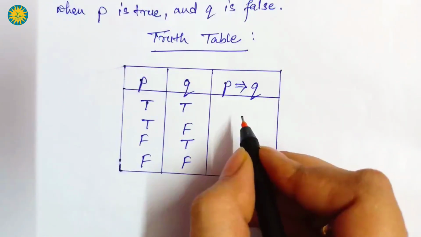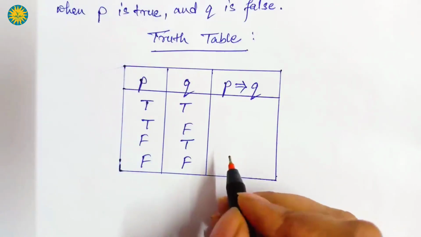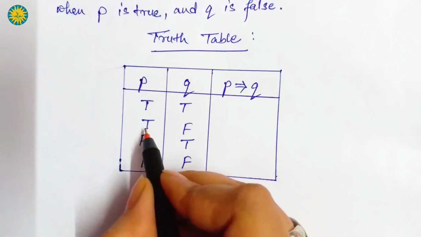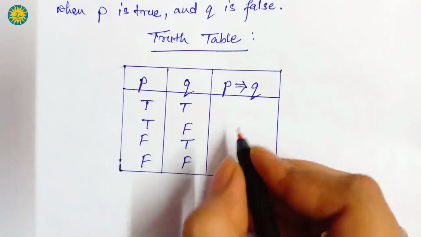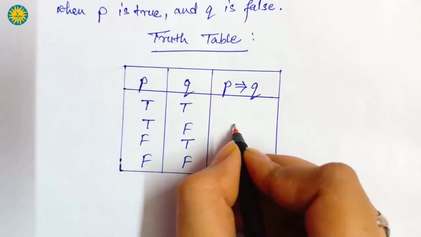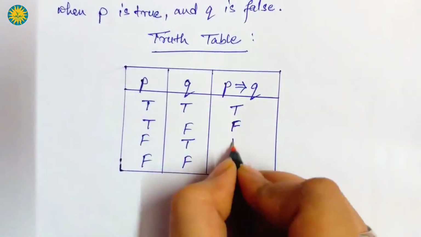We know that P implies Q is always true except in the case when P is true and Q is false. So when P is true and Q is false, that means the second case. For the second case, P implies Q will be false, and for the rest of them it will be true.